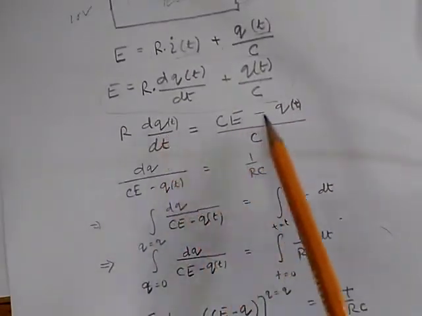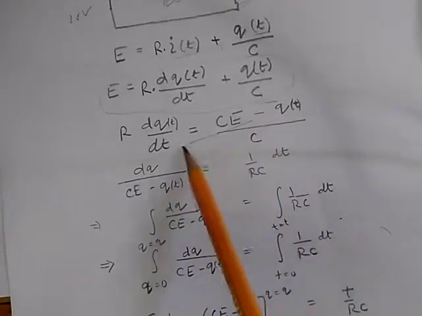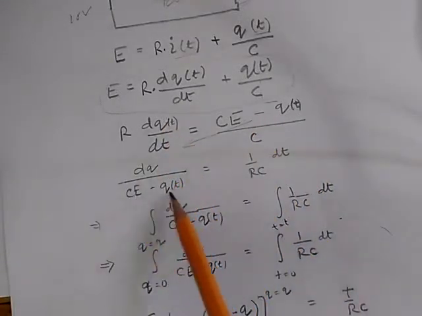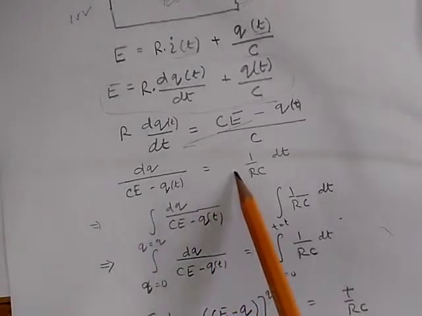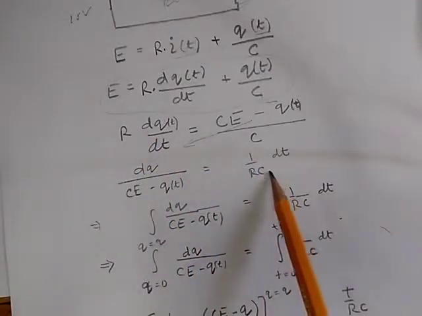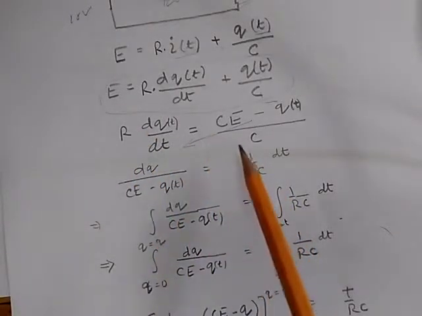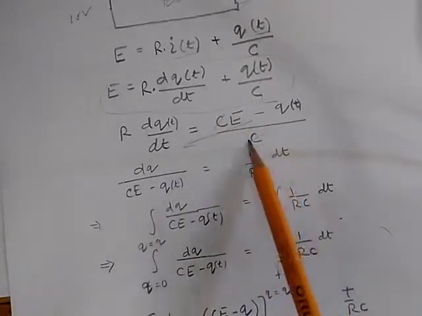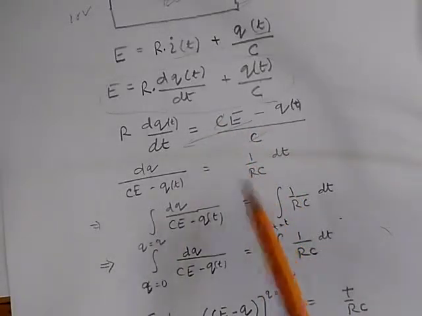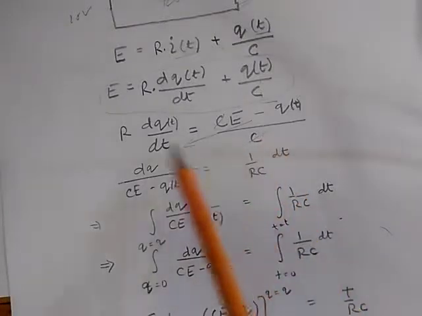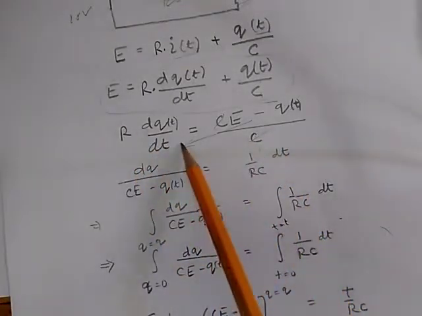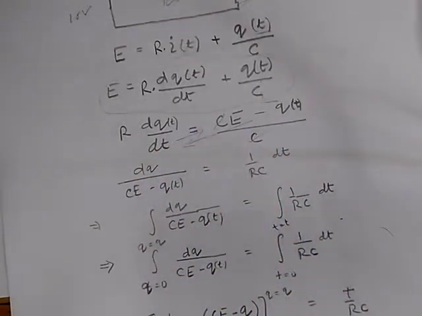We can write CE minus Q in the denominator, so it becomes dQ divided by (CE minus Q(t)) is equal to, we take R over here, and the C cancels, so this becomes dt divided by RC.